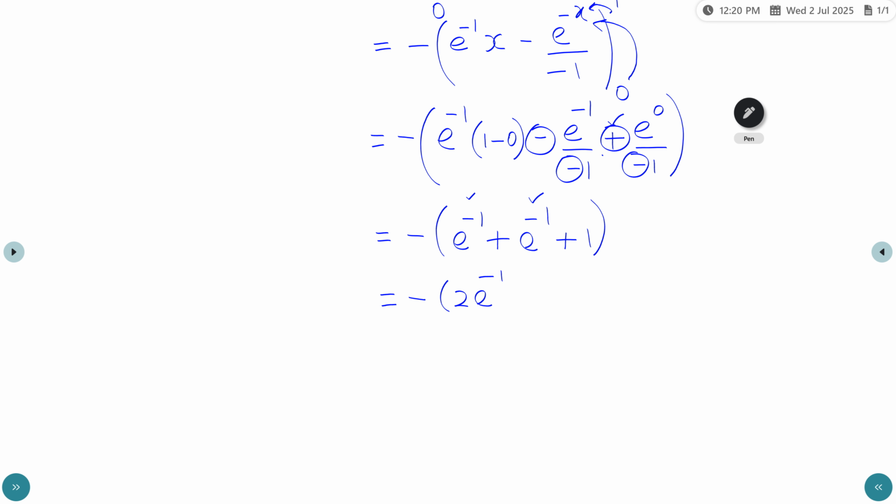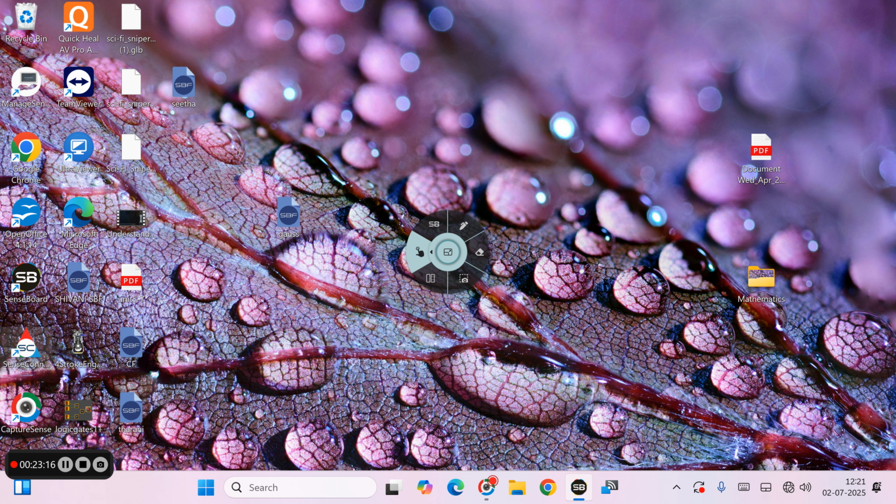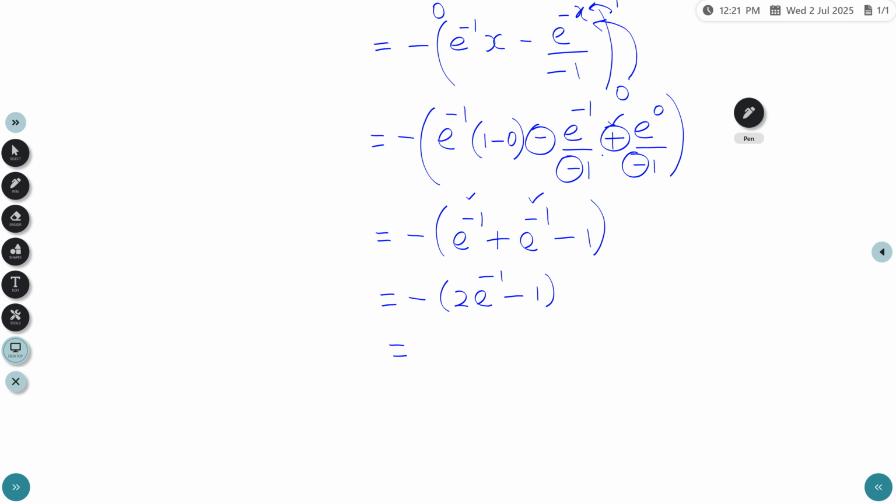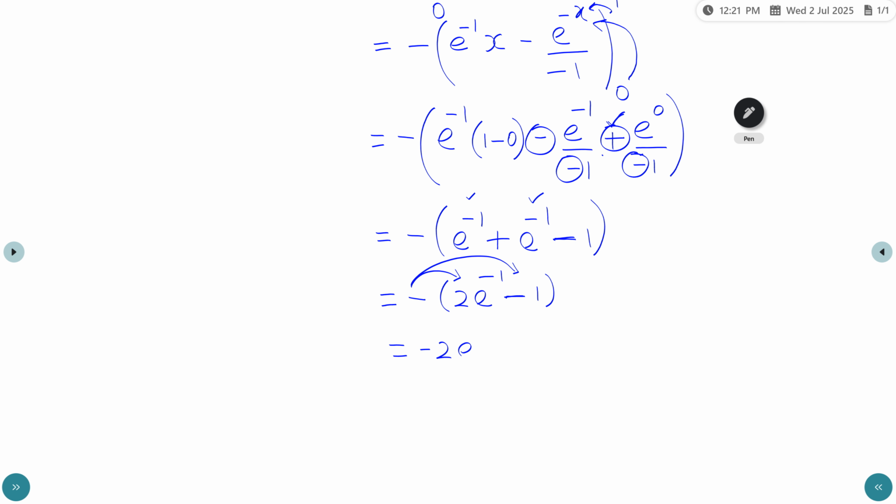So the answer is 2 e power minus 1 plus 1. Multiplying the minus by both the terms, it is minus 2 e power minus 1, minus into minus plus 1.